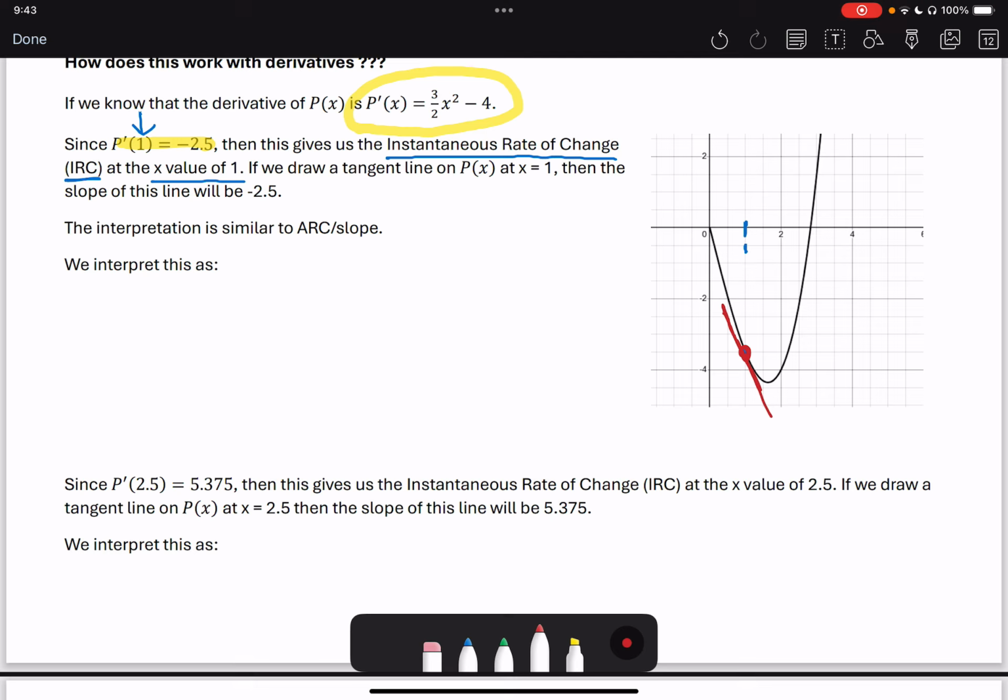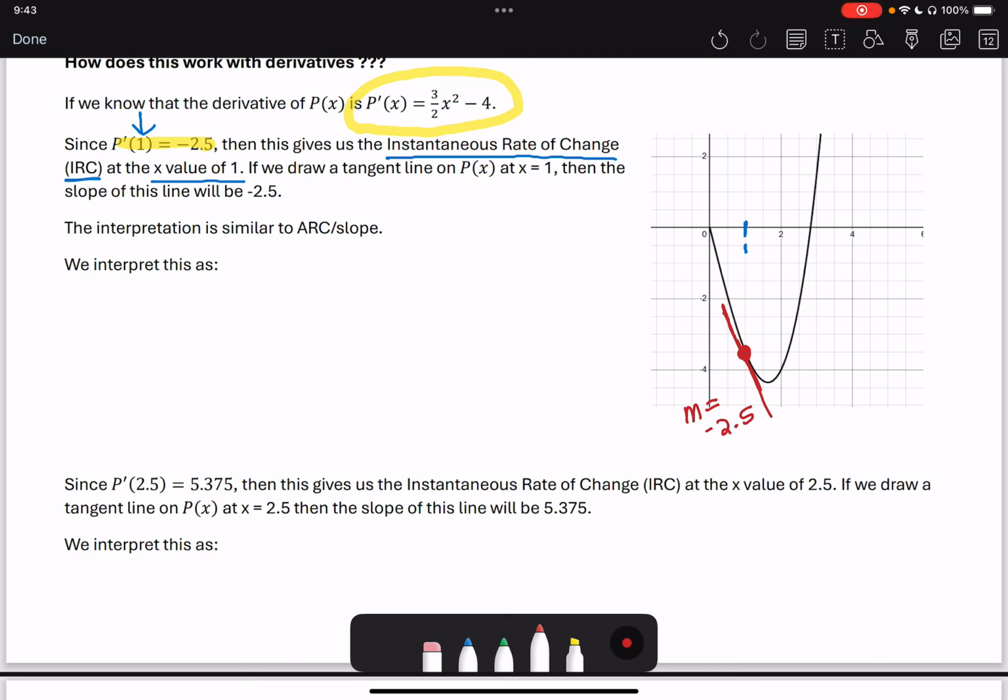It just barely touches it that one time. And what we know is that the slope of this is negative 2.5, because that's what we were told. P prime of 1 equals negative 2.5. So that means the slope of this tangent line that touches the function at this x value of 1 would have this slope.